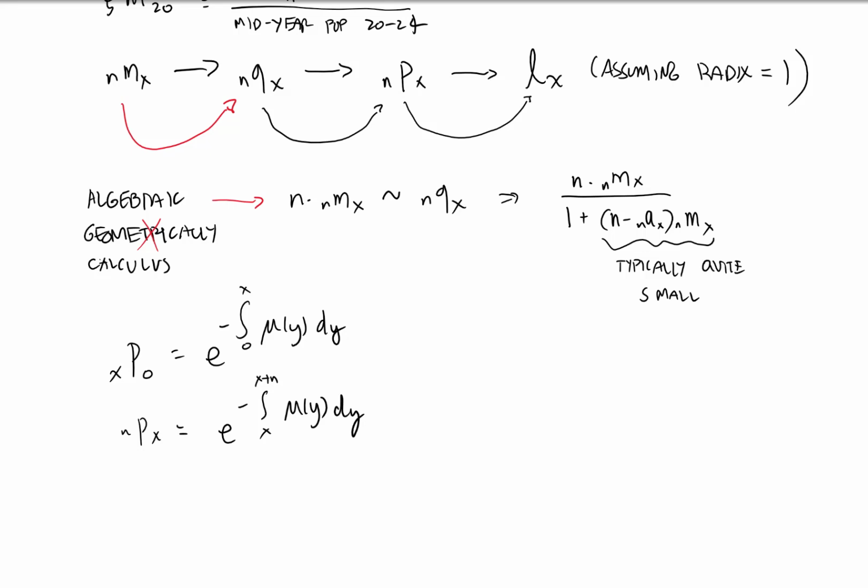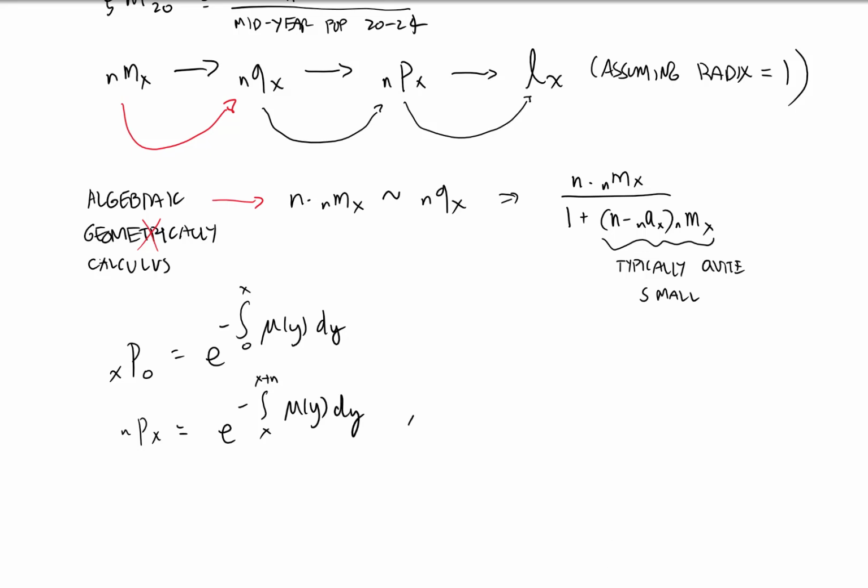What we can see then is that we're looking at the sum of all of these instantaneous hazard rates. If we're looking at the average hazard over this, if we assume that the hazard is constant, then the integral of mu of y dy over any interval looks like it's constant.